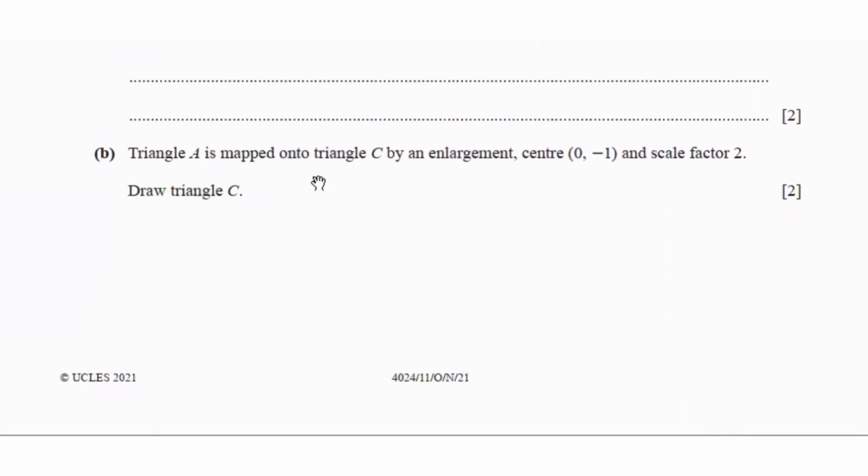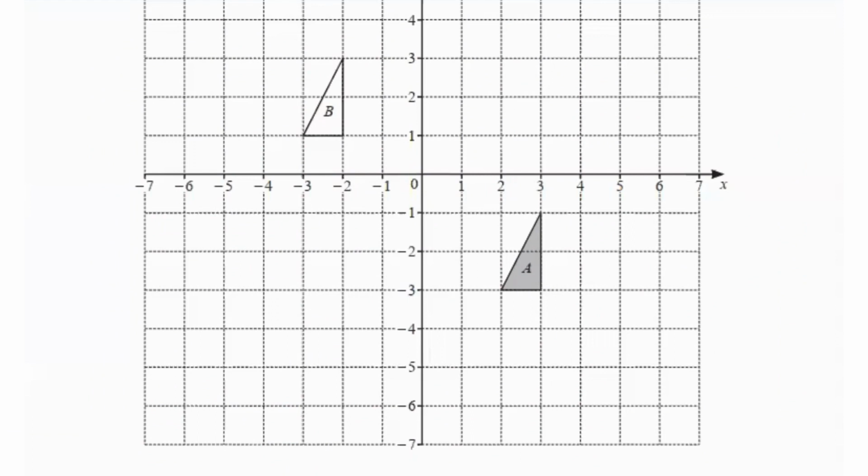Then triangle A is mapped onto triangle C by an enlargement, center (0, -1) and scale factor 2. Draw triangle C. The center of enlargement is (0, -1), which is this point. Let's highlight a point on the original shape A. If we check the distance of the center of enlargement from the pink point, it's 3 units, which means for the enlarged shape, your distance would be 6 units.